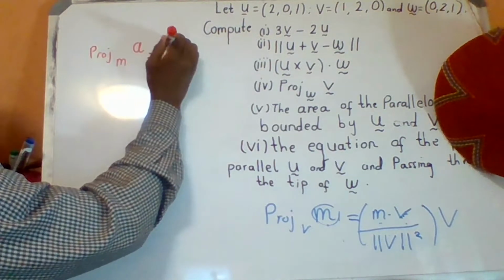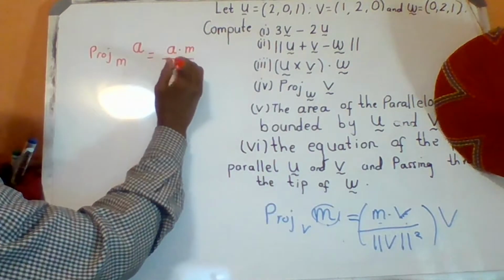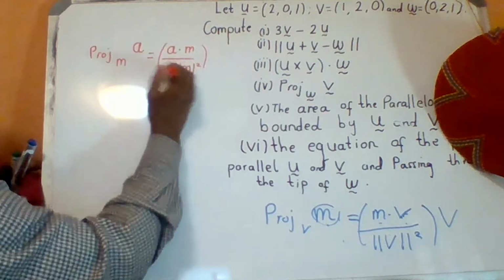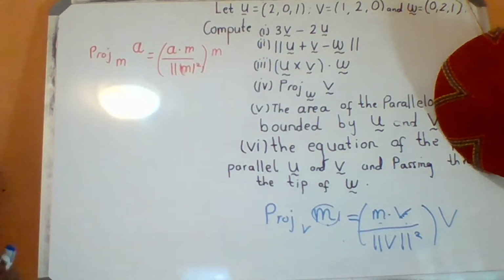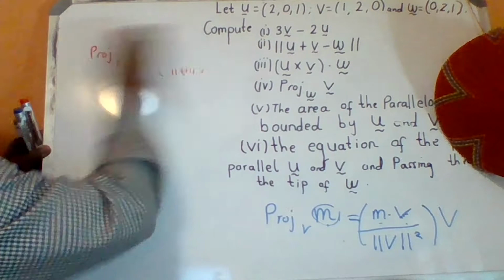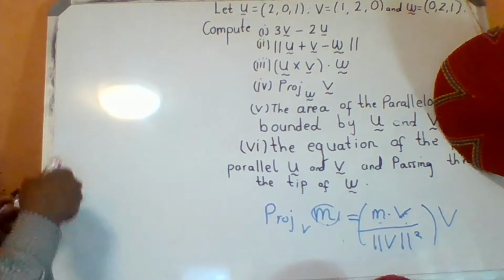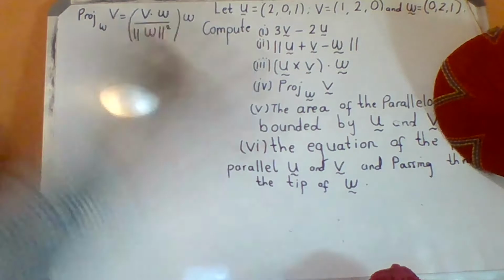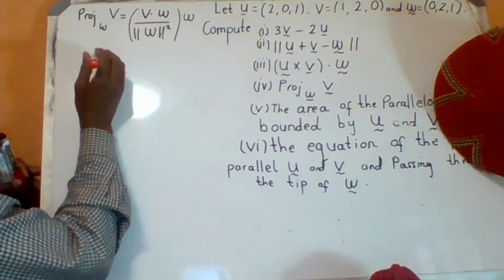Let's say somebody says projection of A onto M. You only write A here, and then you dot it with M, and then over the same thing M: find the magnitude at the bottom, and then square it. Then all of this you multiply again by M. You just put it outside. I'll say it one more time. Start with w, and then over w magnitude squared, and then this you multiply again.